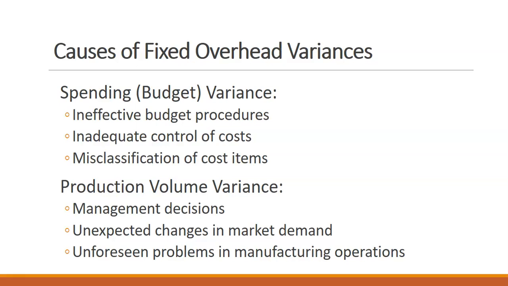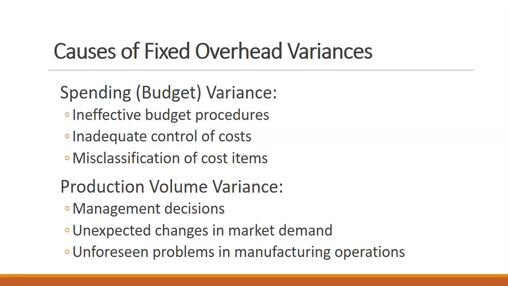Different reasons for the spending or budget variance, when we're looking into and investigating these variances, could be ineffective budgeting. So we need to relook at our budget process and figure out why our budget was so different from our spending, inadequate control of costs, or a misclassification of cost items.